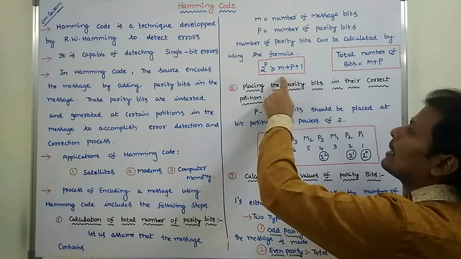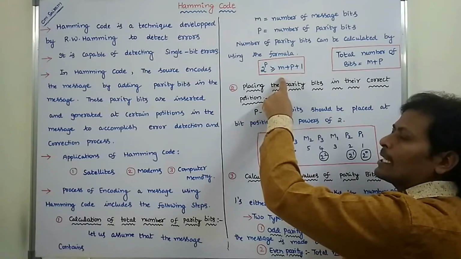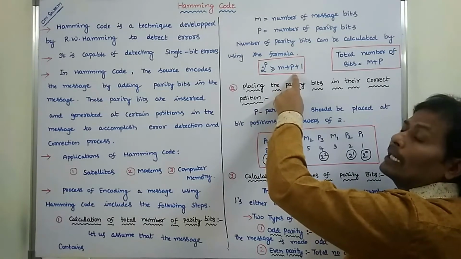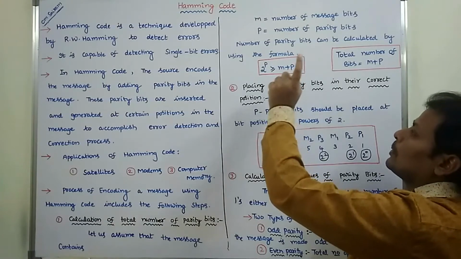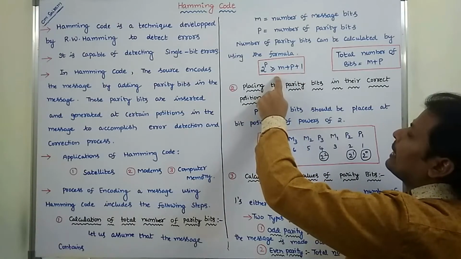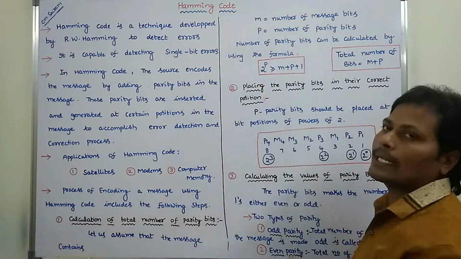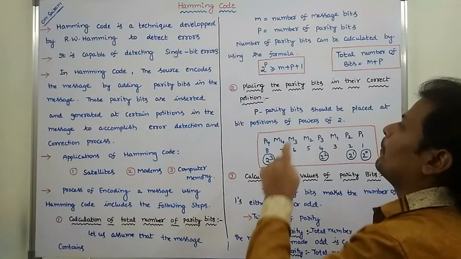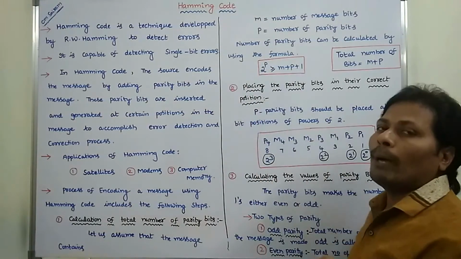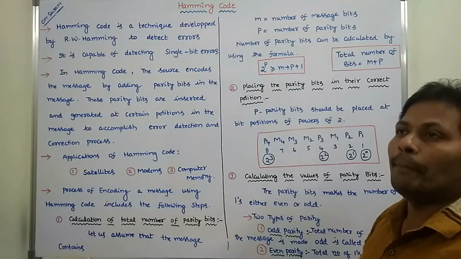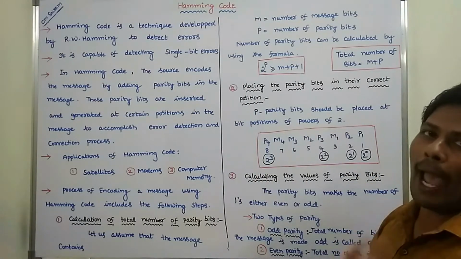Here m is the number of message bits, p is the number of parity bits. So 2 power p greater than or equal to m plus p plus 1. If the condition is satisfied, then p is the number of parity bits that we have to add.